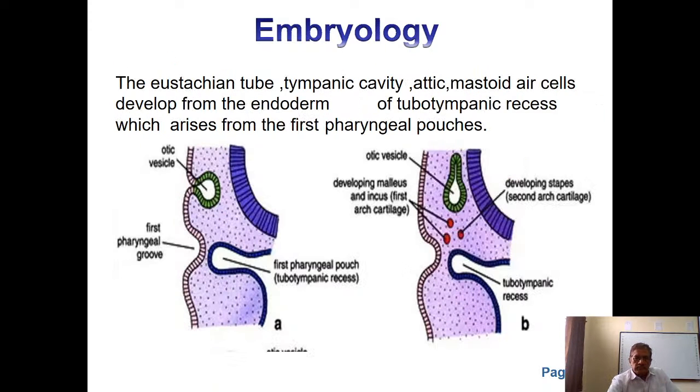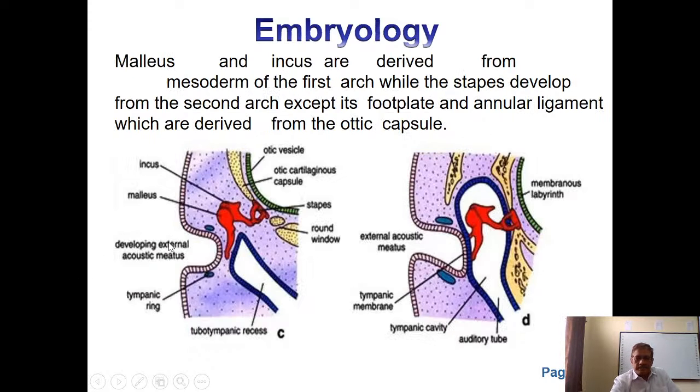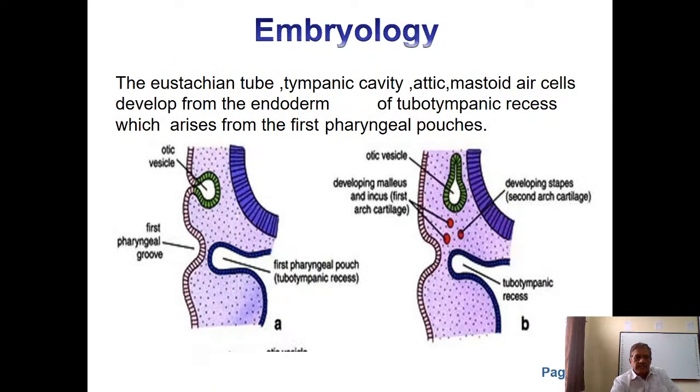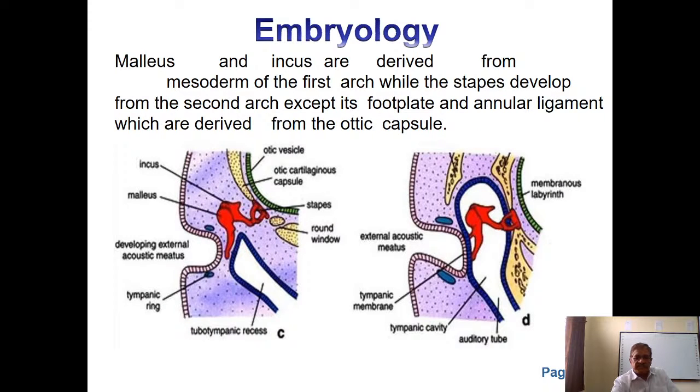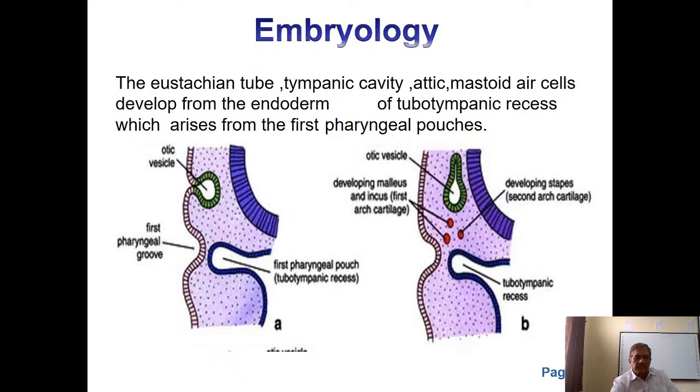and now this is the pharyngeal pouch, that is from the endoderm inside, and sorry, that is the cleft from outside.